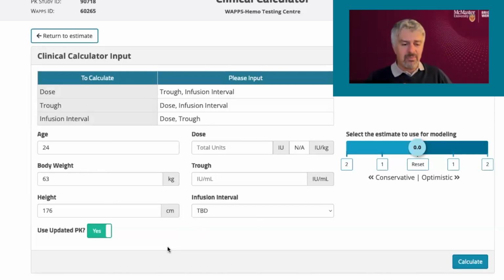That will, at the same time, help me check if that PK is still valid for that patient, and will update the PK to fit the new patient characteristics better.